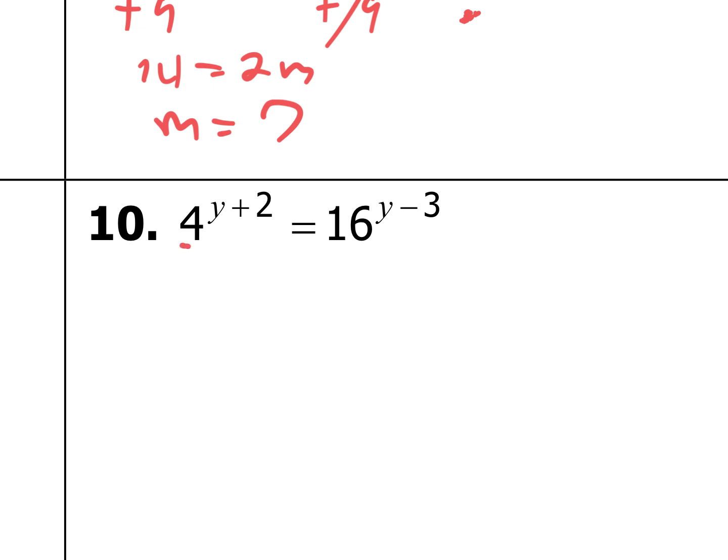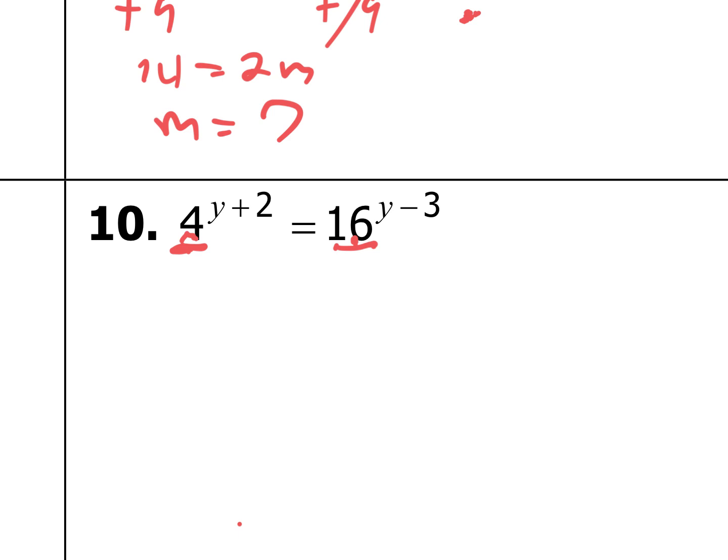The base here is a 4, and this base is a 16. Can a 16 turn into a base of a 4, or can a 4 turn into a base of a 16? Which one would be easier? How do you make 16 with a base of 4? Times 3. Oh, that's the exponent of a what? 2.